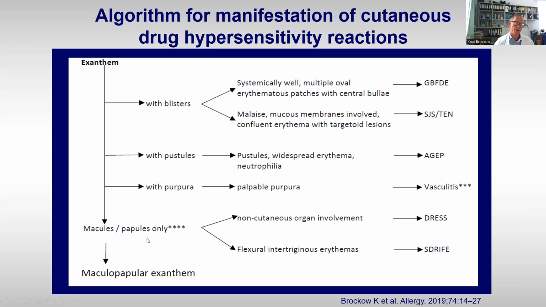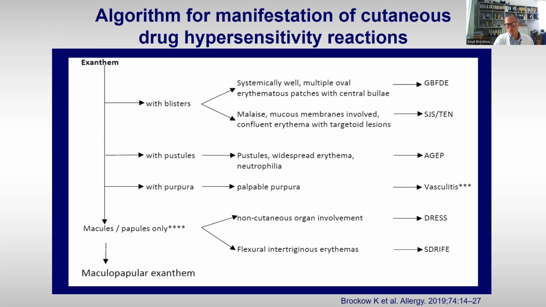And then you might have only macules or papules, which may have a specific pattern. If you have non-cutaneous organ involvement, you might have a drug reaction with eosinophilia and systemic symptoms. In this case, you have organ involvement like liver involvement. In our example case, you have just a slight elevation that does not qualify.